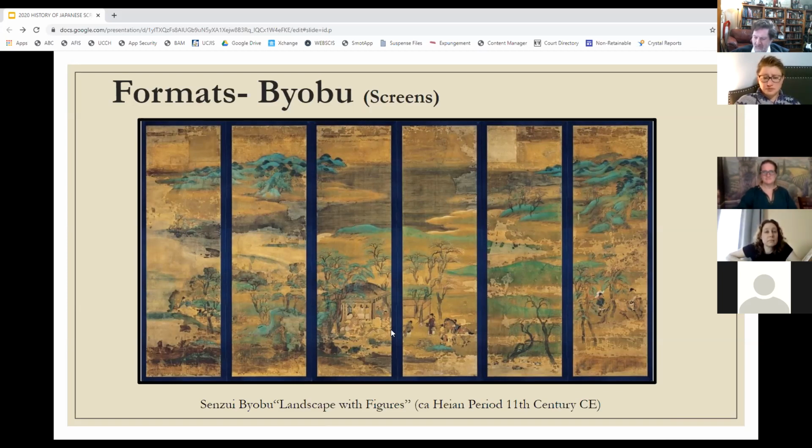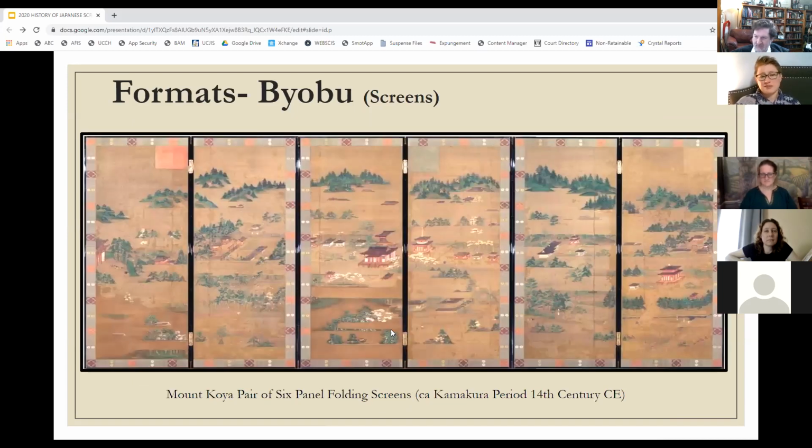And you can see the figures are wearing Chinese clothing, but it's still really indicative of that style of the period, very dramatic colors. I always joke that the Heian period was very emo, very, oh, I feel everything, but it's very artistic, very passionate time, so it's not a bad thing.